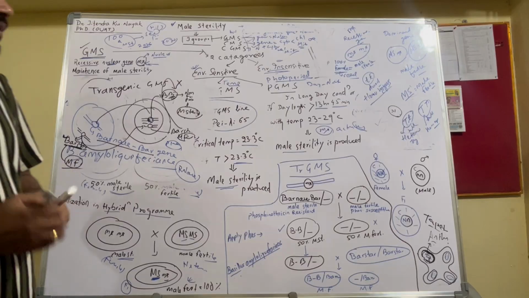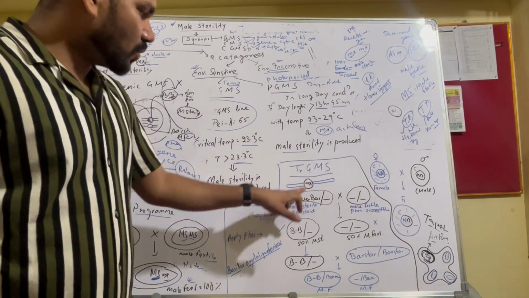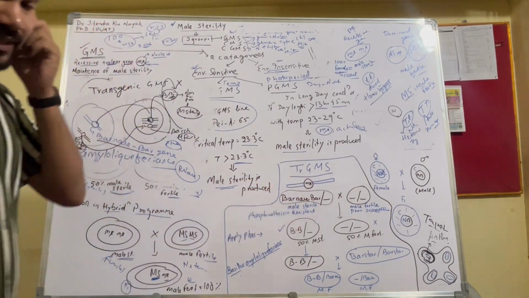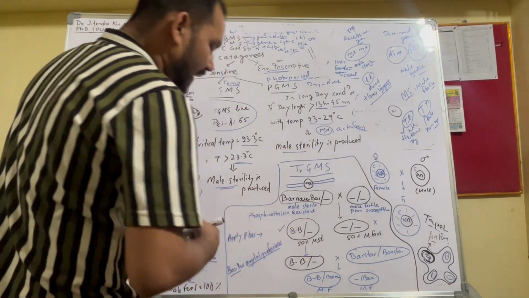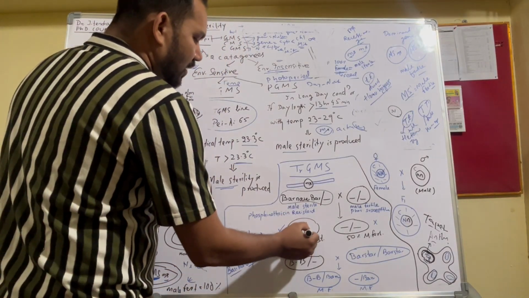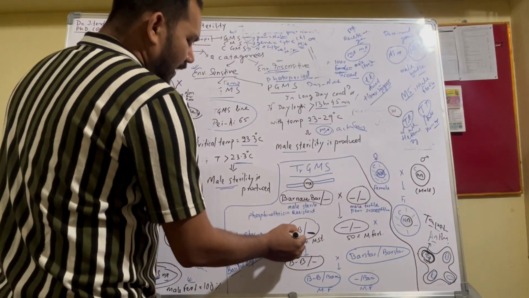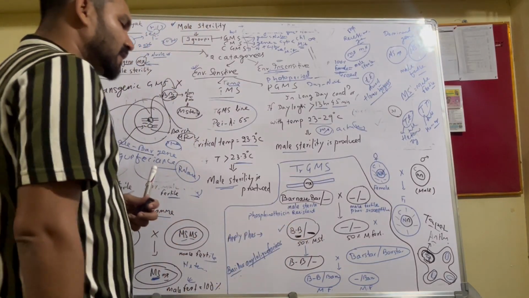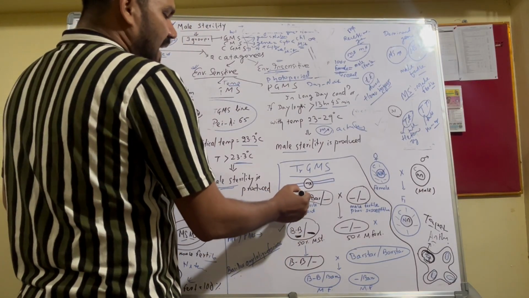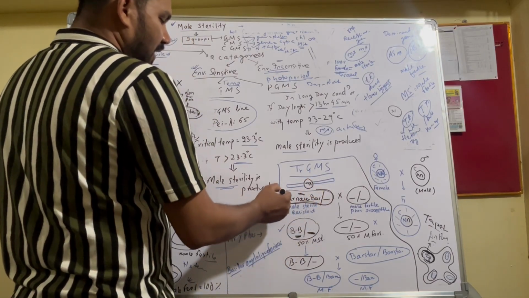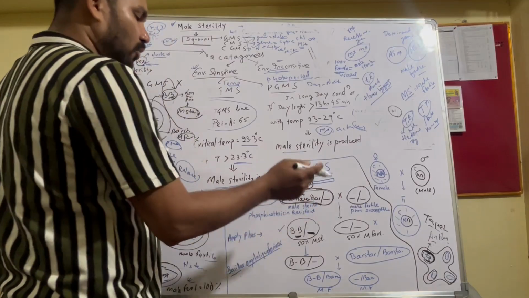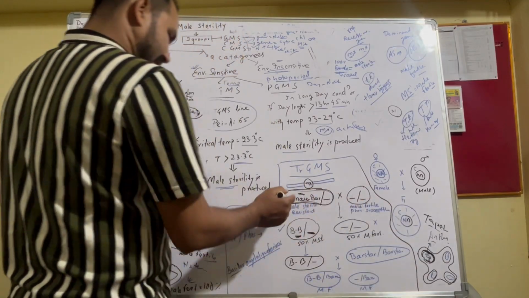Okay. Now suppose I am taking one parent, that is, the barnase gene. Suppose one plant has two alleles. This is the normal allele, and another allele is the barnase gene. If the barnase gene is present, I have told you the plant becomes male sterile.